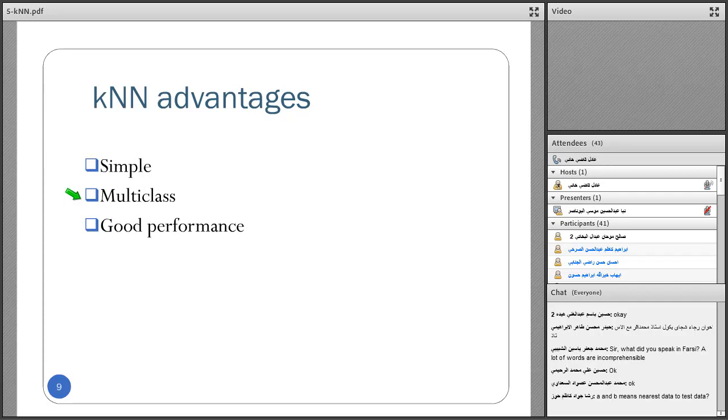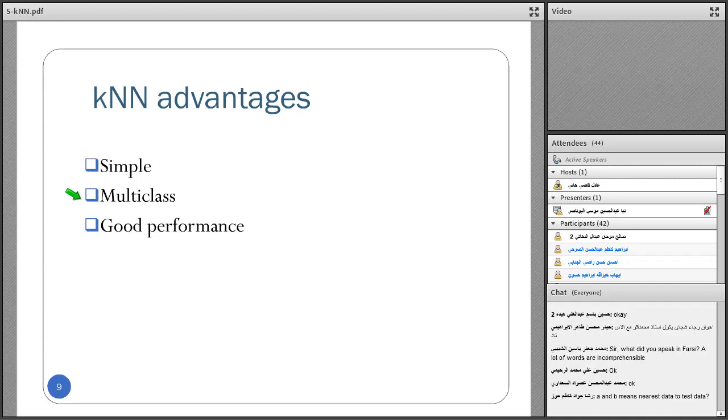Okay, the KNN is a very simple classifier, and this classifier is a multi-class classifier. Multi-class. What does this mean? It means that if we have data that has more than 2 classes, we could use the KNN.